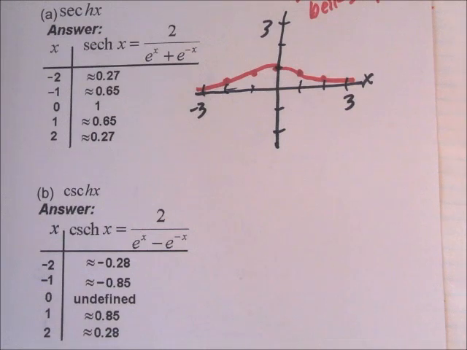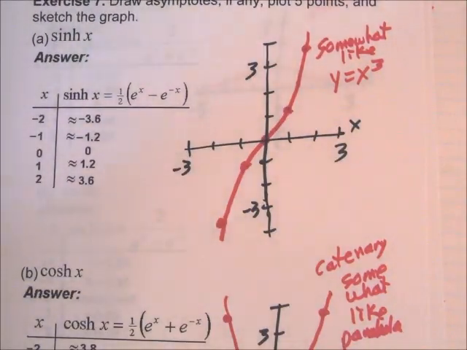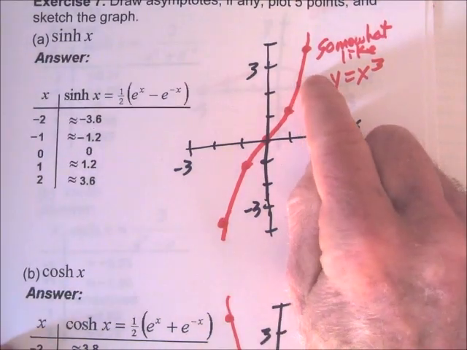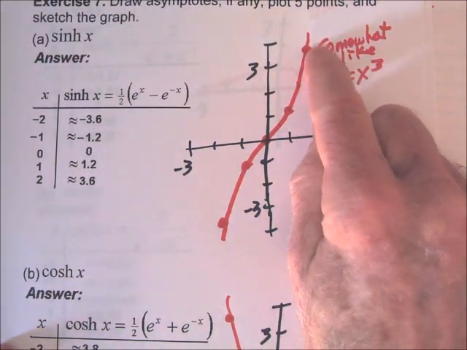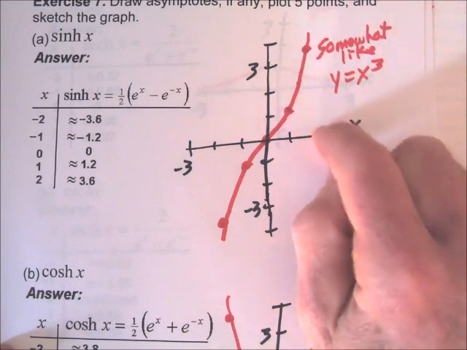And then the csch. Let's take a look at it. It's 1 over the sinh. So let's take a look at the sinh. As x goes to infinity, this essentially goes to infinity. So 1 over the sinh is going to go to 0.